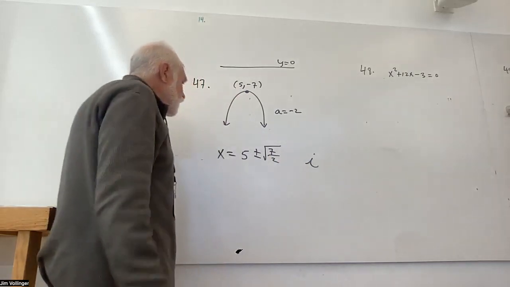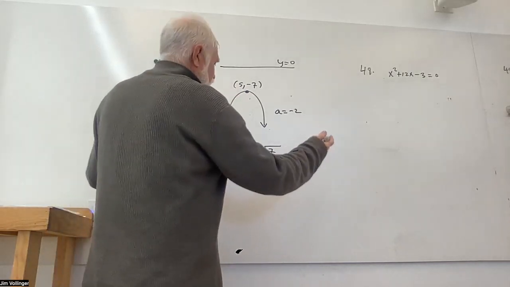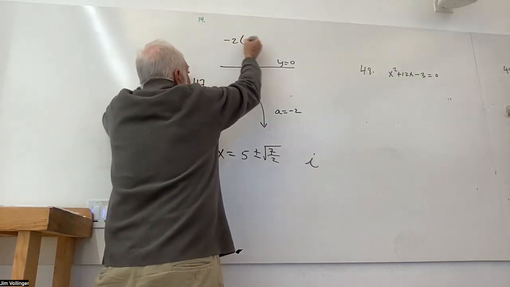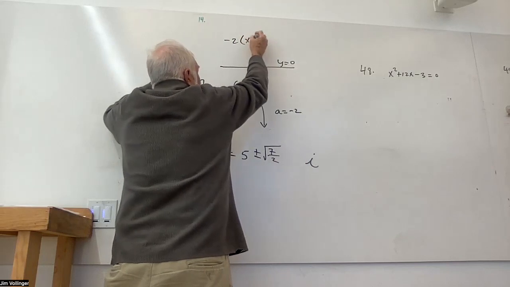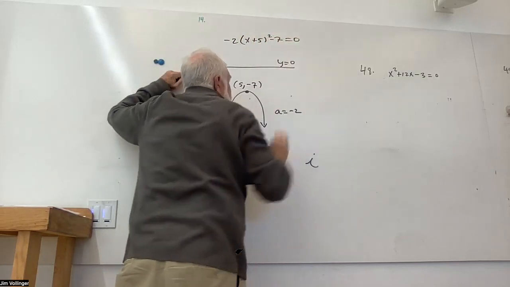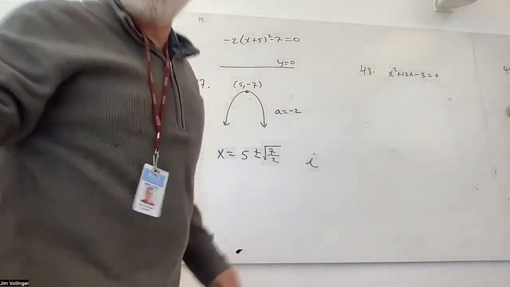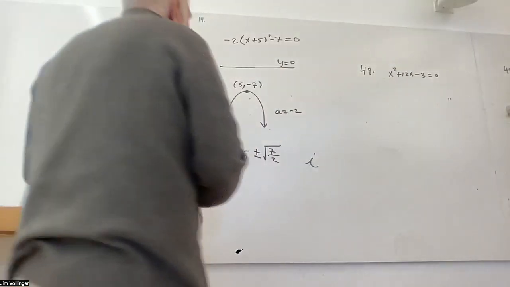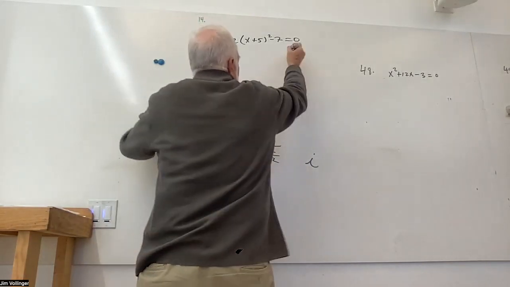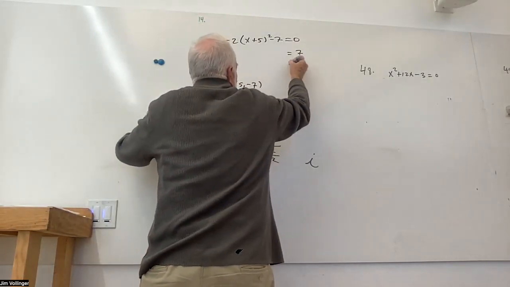Dividing by -2. That's why I'm putting i here. Okay. Now, what would this be in graphing form? So you can at least see the process. -2 times (x plus 5) squared minus 7. We want that to equal 0. So let me do that for you quickly up there with some inverse operations. You should be able to do those in your head now. All right, so -7 becomes what? +7.